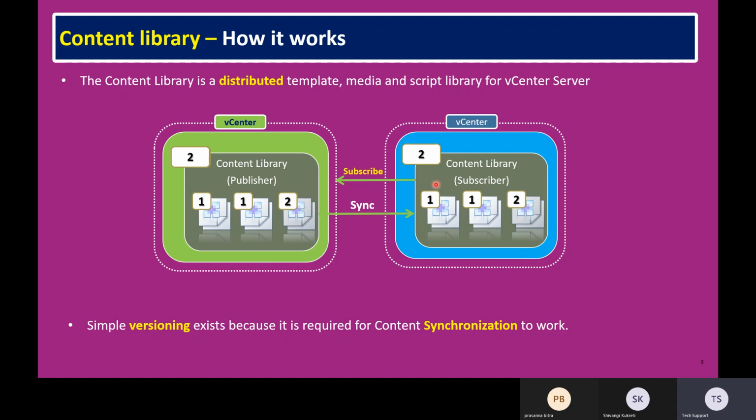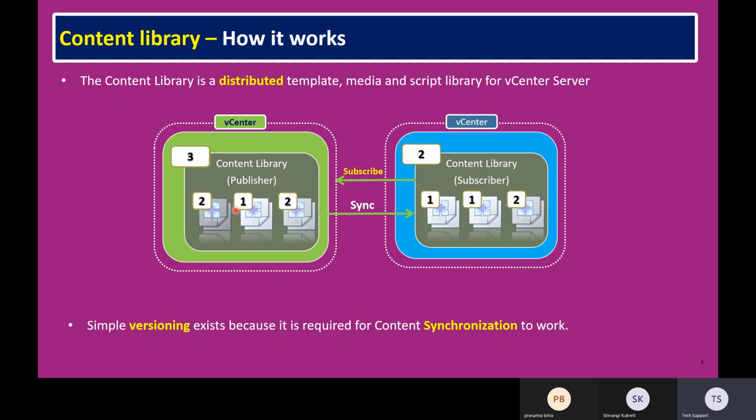Suppose we make changes here in the publisher library, on another template. When we change another template, it also changes from 1 to 2, and the total version of the publisher content library is updated from 2 to 3.